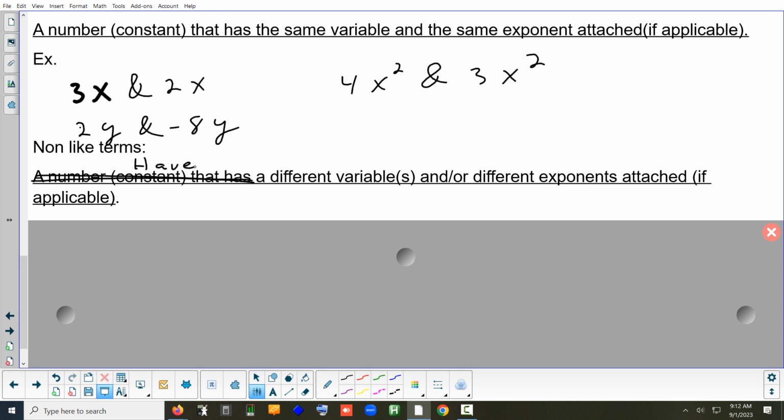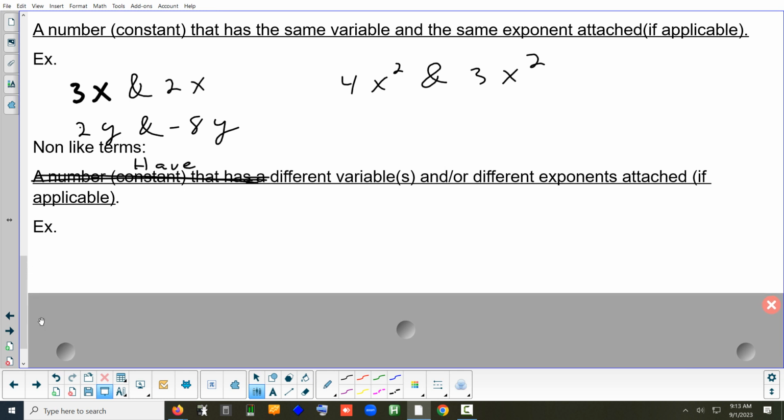Non-like terms have different variables or different exponents if they are attached to the variable. So non-like terms are either going to have different letters or different exponents that are attached to the letters.